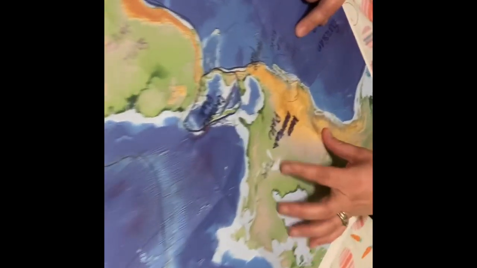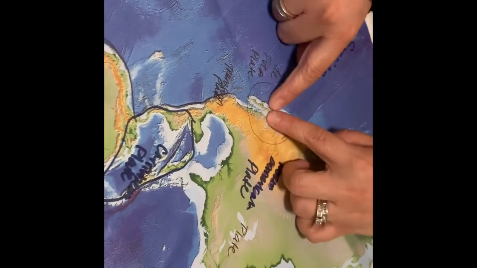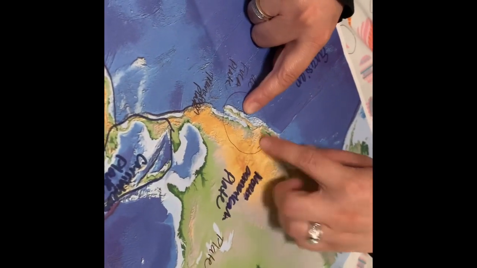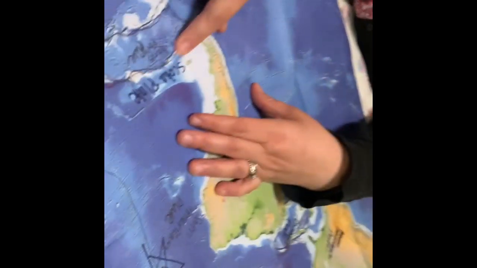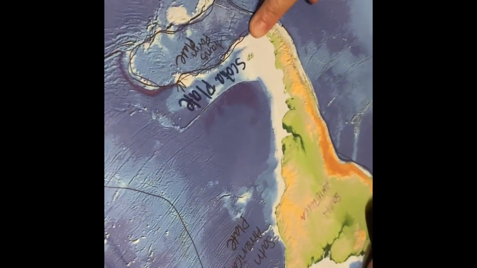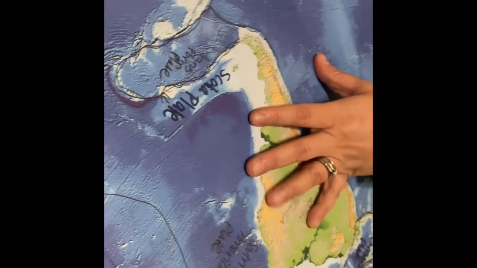So this right here in this peninsula, you can see how they slid away from each other. And the second transform boundary is in the Scotia plate and South American plate right here. And those two plates slid away from each other as well.